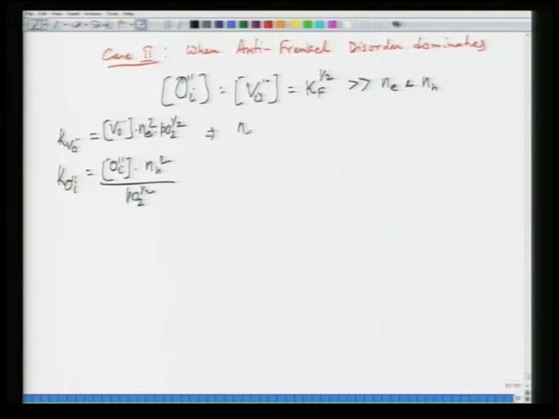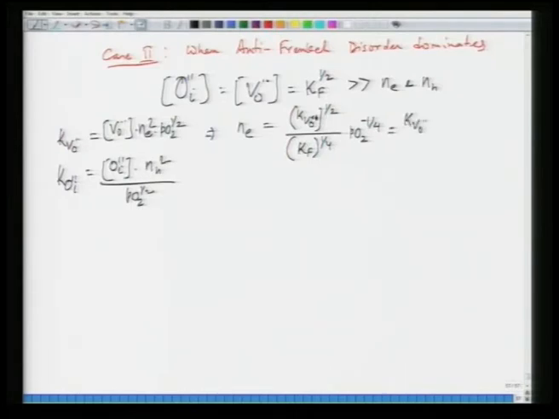So, as a result, now Ne will be equal to KVO to the power half divided by concentration of VO, which is Kf to the power half, and this will now become Kf to the power 1 by 4, and this will be PO to the power minus 1 by 4. So, this becomes KVO to the power half divided by Kf to the power 1 by 4.